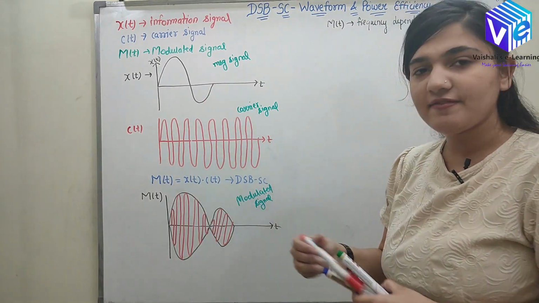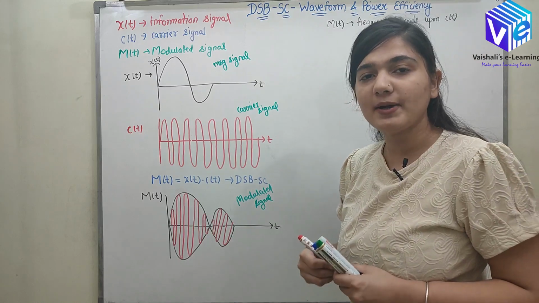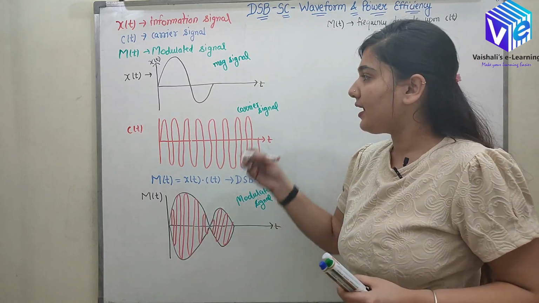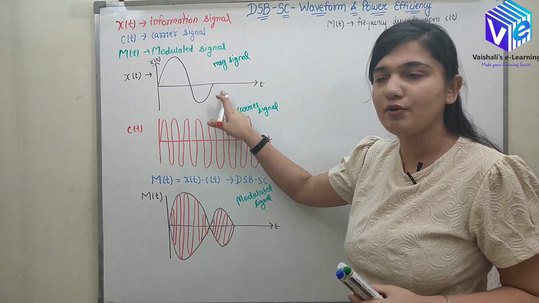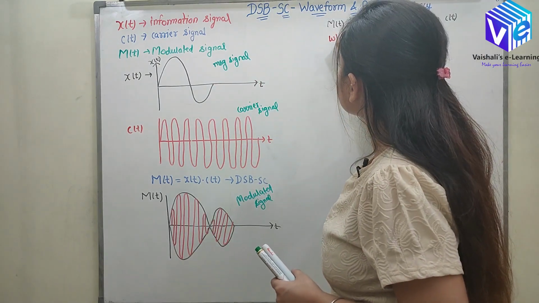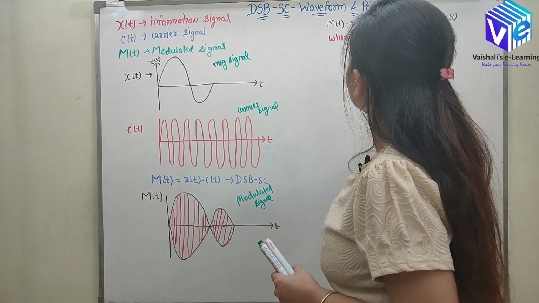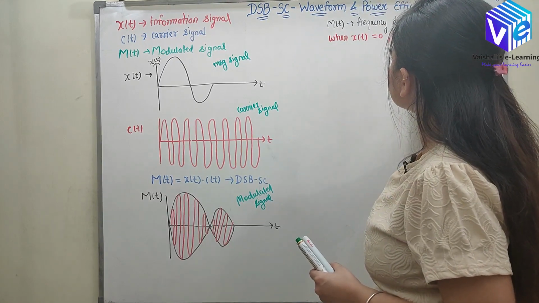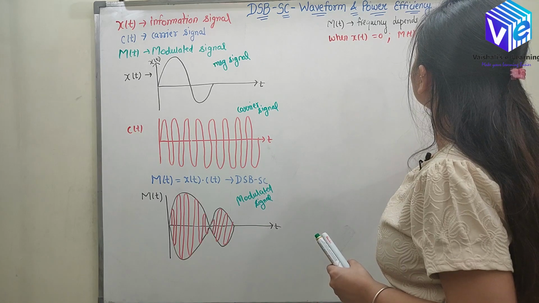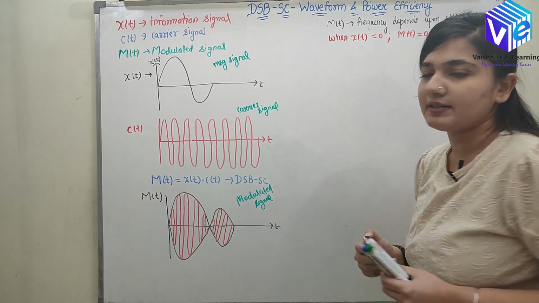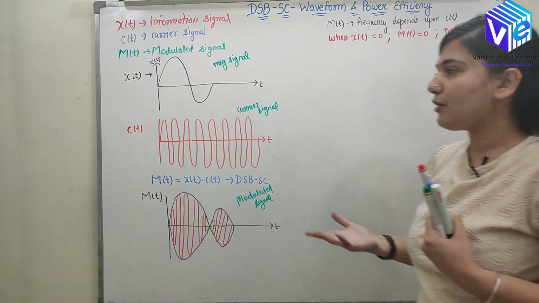Previously, when I was talking about the double sideband full carrier, it did not have 0 amplitude even when the signal x(t) was 0. So when x(t) is 0, m(t) would be 0 in the case of double sideband suppressed carrier.